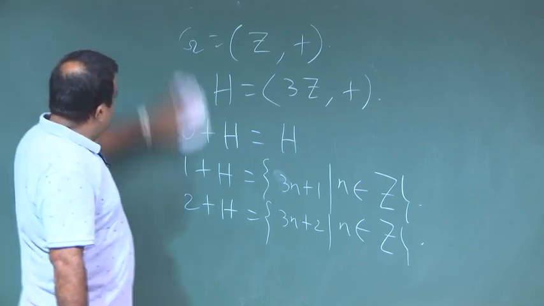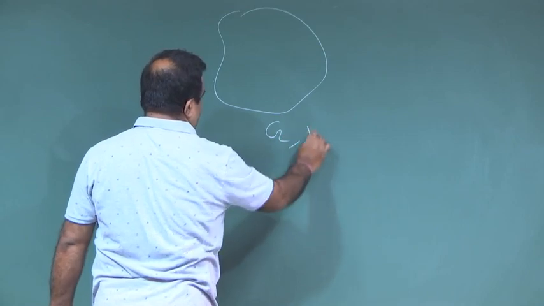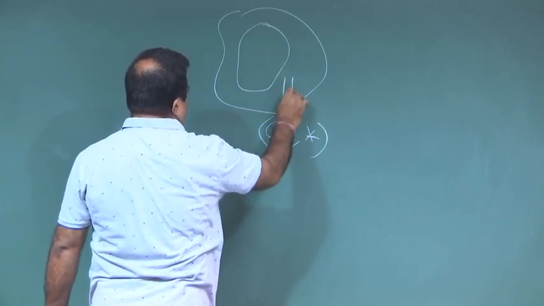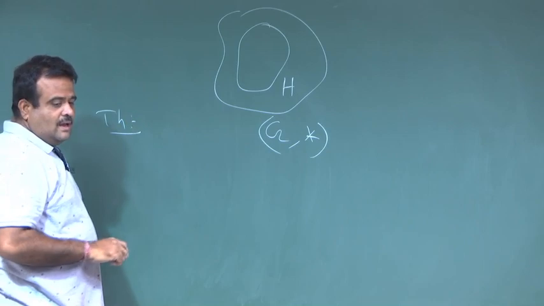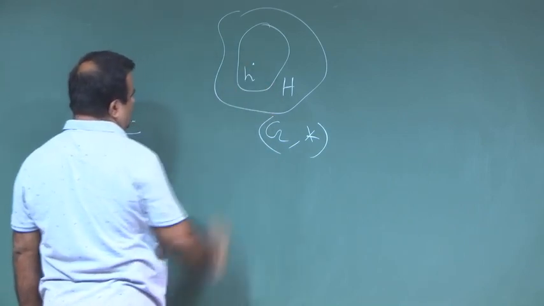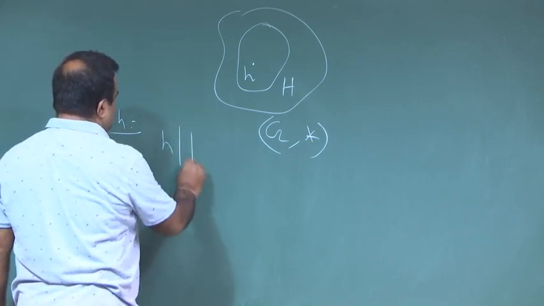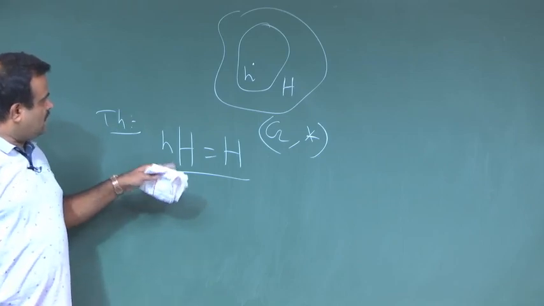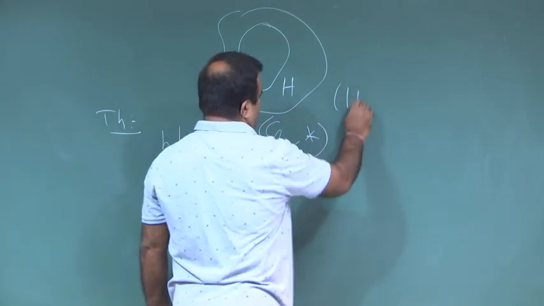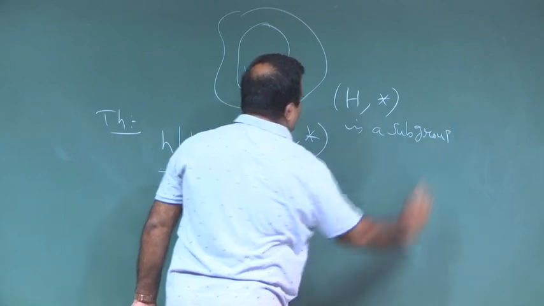Now, we will see some properties of this coset. So, this is a group G under this operator and this is our H. The first property is telling us that if we take the element A from H itself, then AH is basically the same as H. We have to prove this, where H is a subgroup.